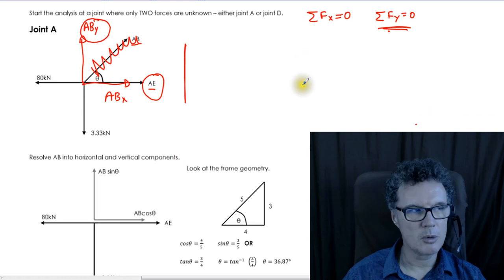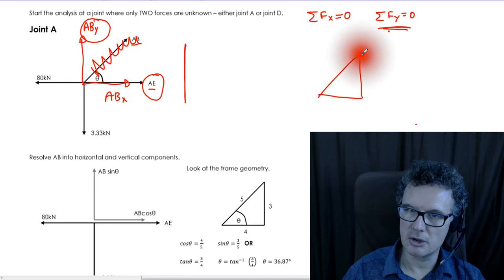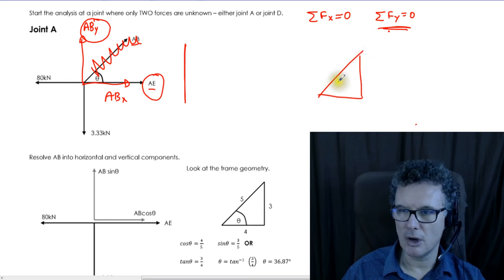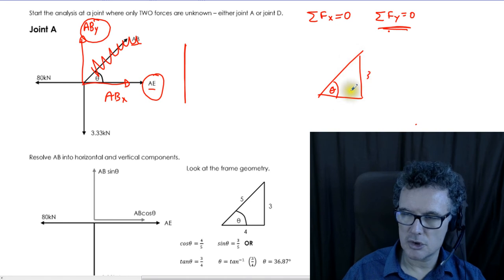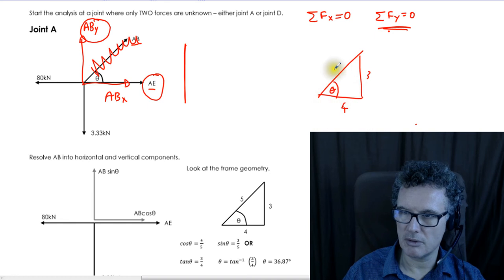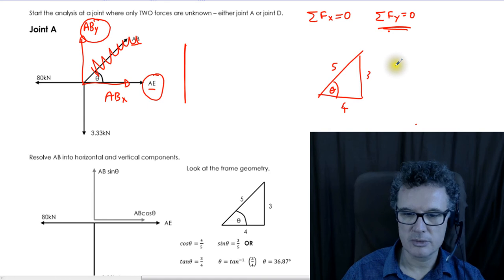You probably will want to draw a little sketch of the geometry to the side of your solution, just so that you know what you're going to define as an angle. So I'm going to call that theta. And then on your little triangle geometry, you put some lengths on, or the ratio of lengths, so that you can then think about the trig equations.